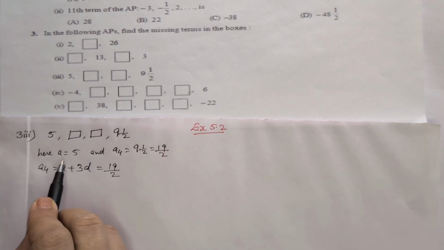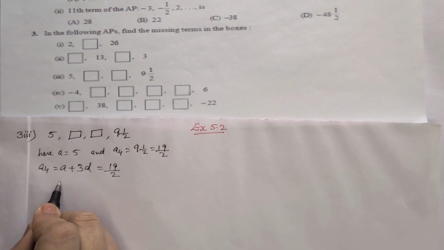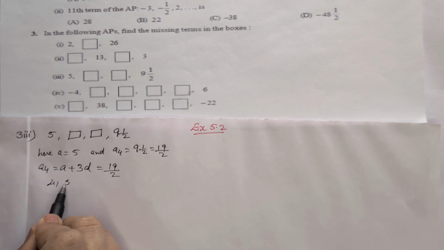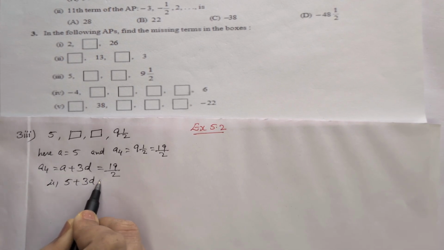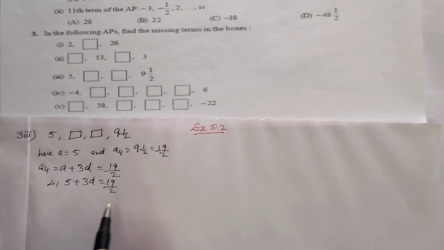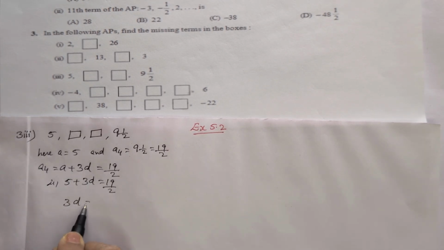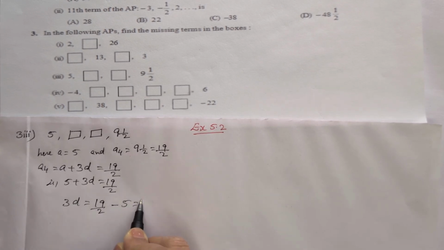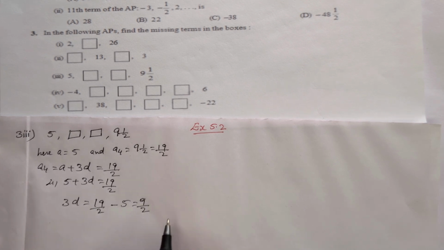In place of a we can put 5, the first term given. 5 + 3d = 19 by 2, which means 3d = 19 by 2 minus 5 = (19 - 10) by 2, which means 9 by 2.